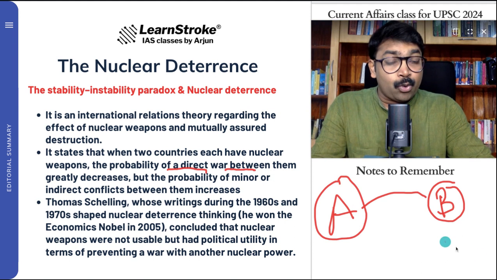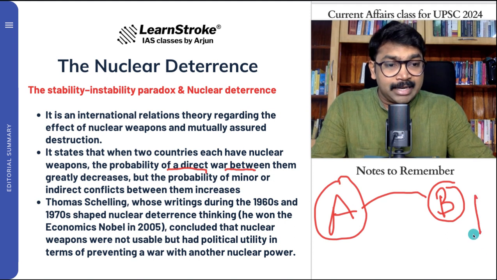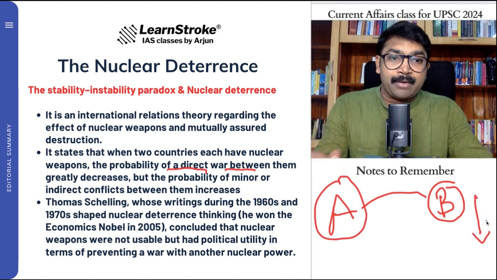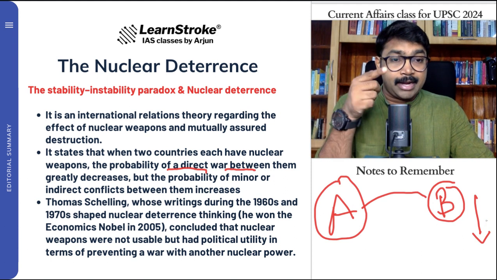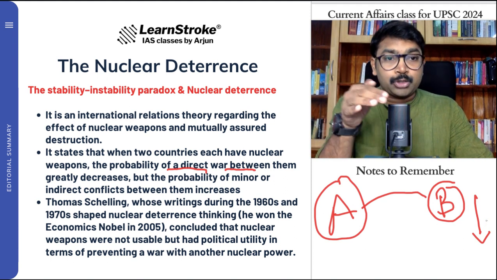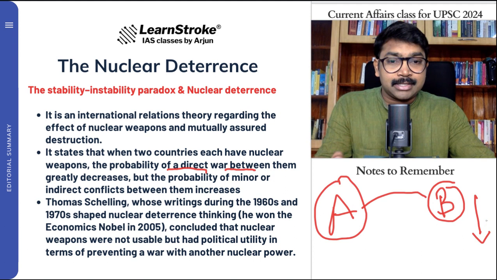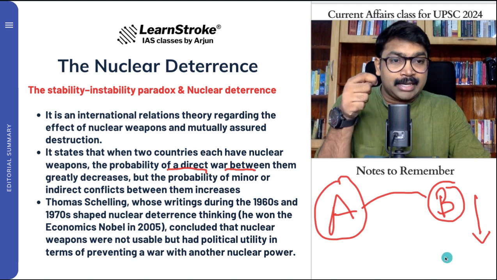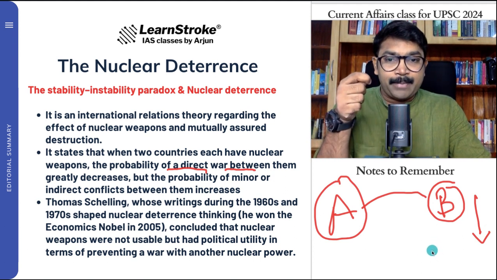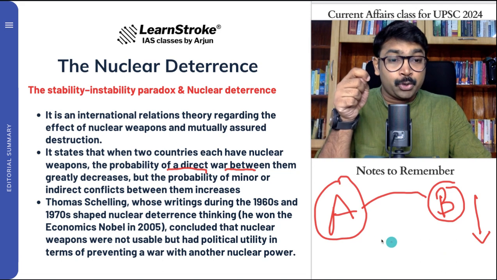If A attacks B, B will use nuclear power, and definitely if B uses nuclear power, A will also use nuclear power. So the probability of a direct war decreases. This is the stability-instability paradox of nuclear deterrence.